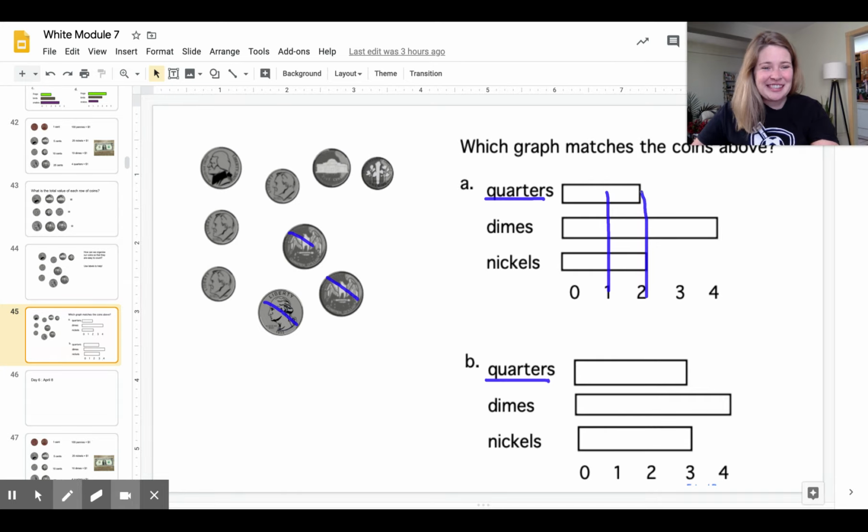Oh, is A going to be the graph that works for us? No. So right away we can cross it off. That doesn't mean that we should just automatically pick B. We want to always check our work. Let's see if we have 3 quarters. 1, 2, 3. Ooh, that crooked line. Do we have 3/4? Yes. So far, B is the best answer.